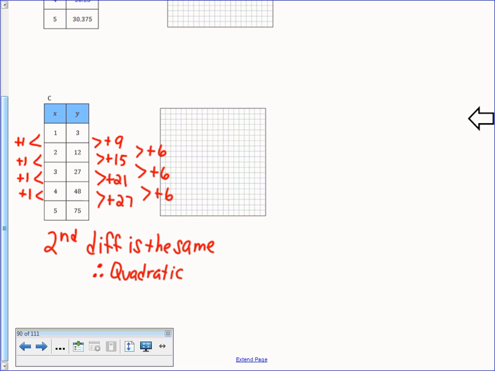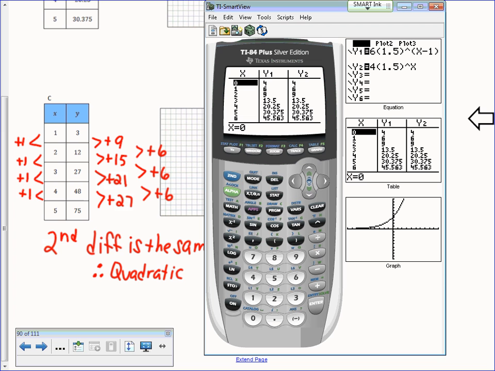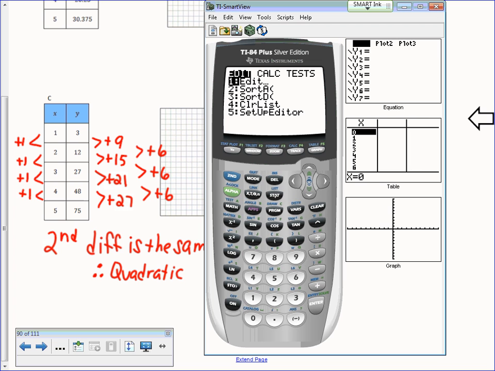Now we're going to take our calculator and input my table of values. So I'm going to go under y equals, clear out everything that's there. And I'm going to go under stat edit and clear out the y2s. My y1s can stay the way it is.